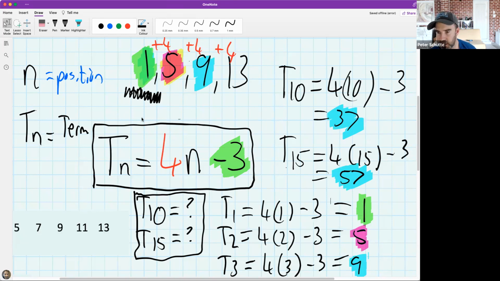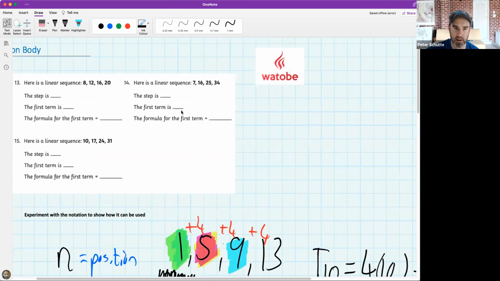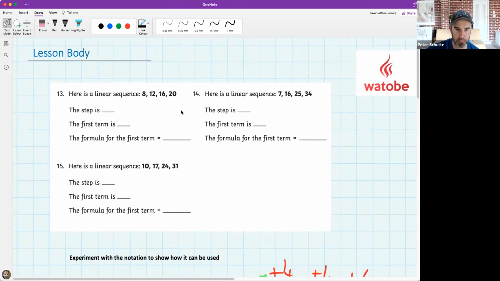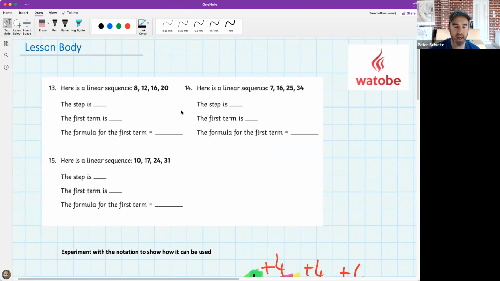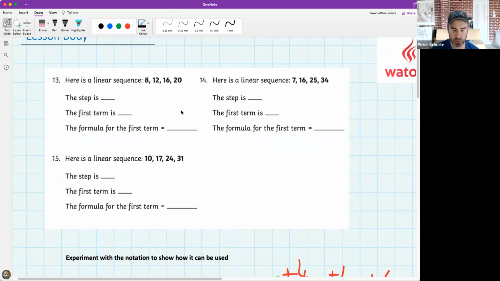Okay. For those who are still struggling, don't worry. I'm going to go over more now, but I'm going to ask those who are comfortable to do the following. We were doing these in the last lesson, and I'm going to ask you to work out these 3. For those students who still feel like they need more help, I'm going to do number 13.